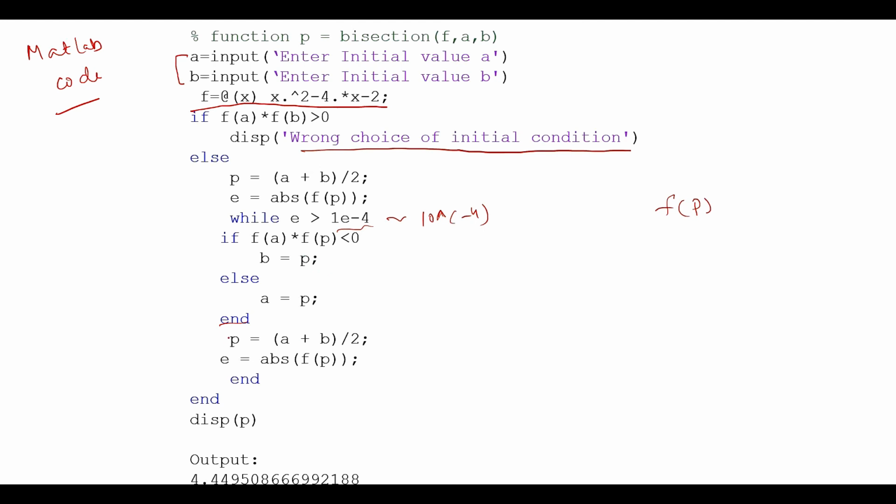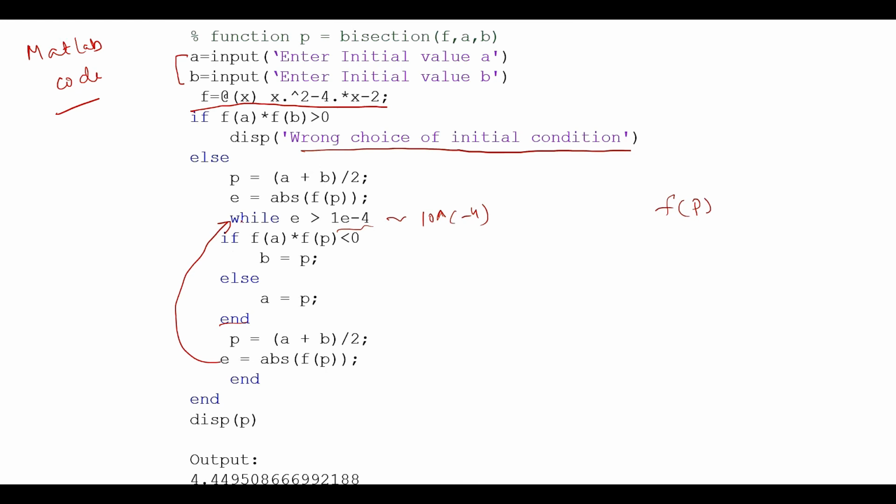So it will again calculate p, that is a plus b divided by 2, and then again it will calculate the error, that is the absolute value of f of p, and then it will go to the while statement and check whether the error is greater than this or not. It will continue to do this until the error becomes less than 10 to the power minus 4.